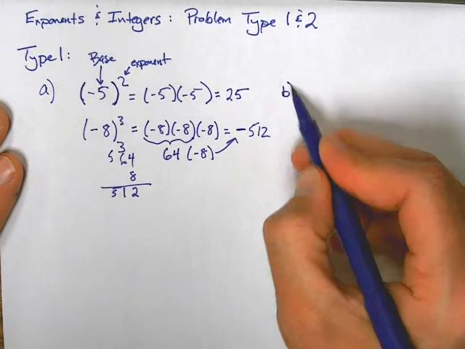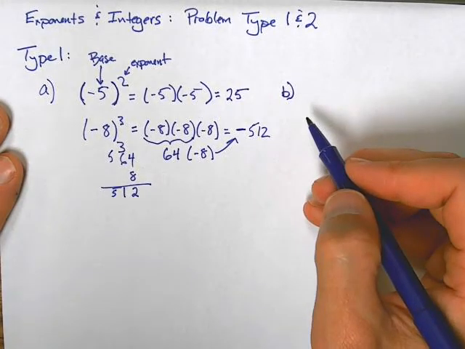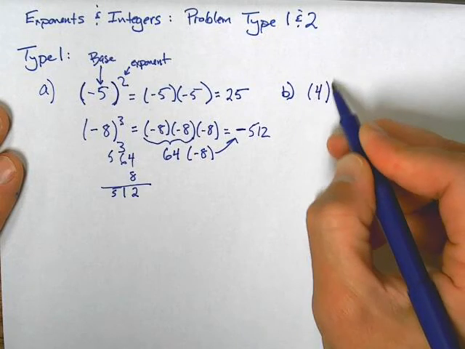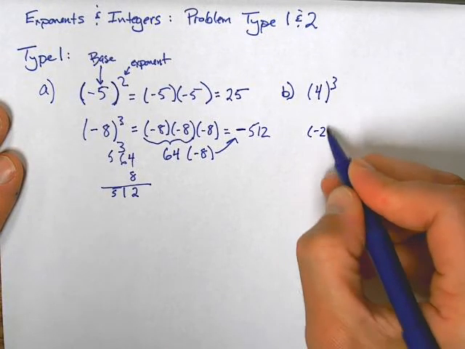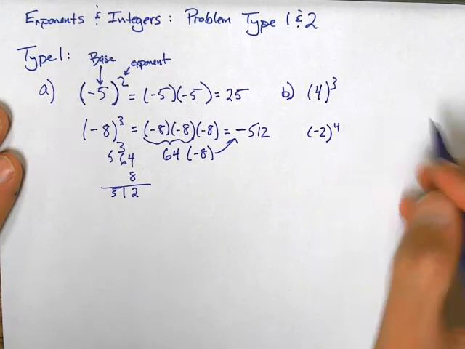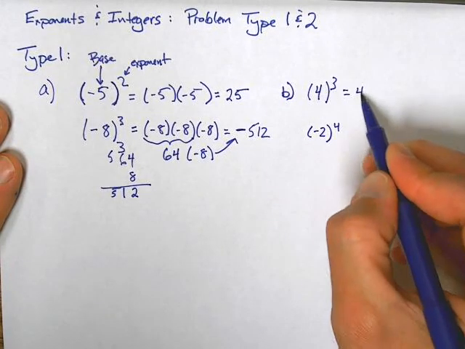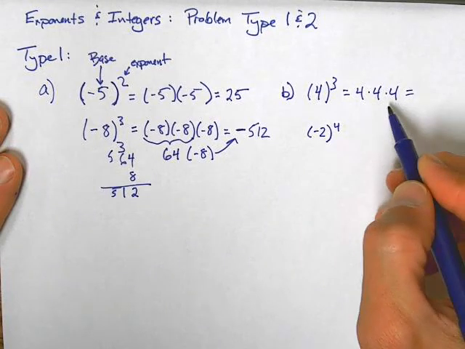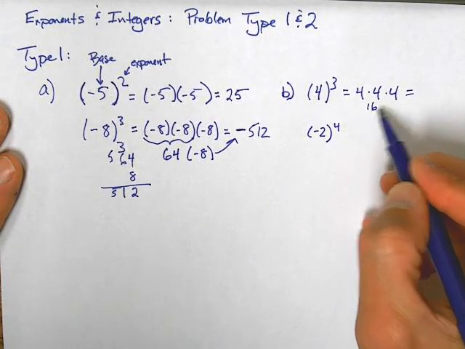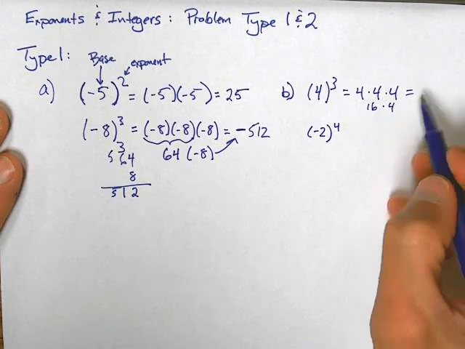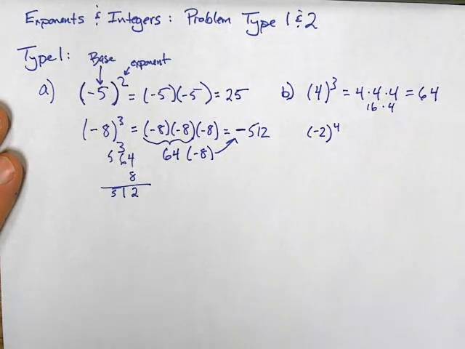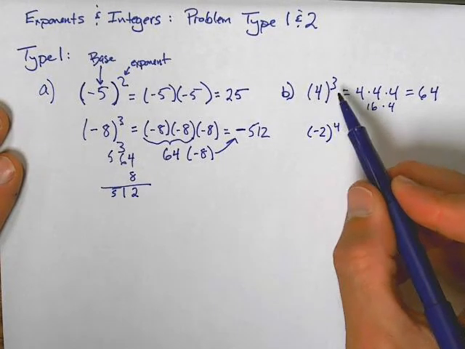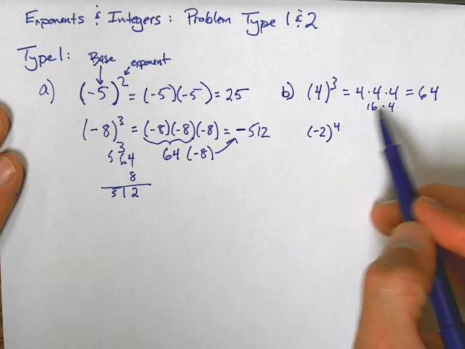Let's look at one more example of the type 1 variety. I'm going to call example B 4 to the third, and then I have (-2) to the fourth. So 4 to the third means just 4 times 4 times 4, 3 times. It's not going to be negative, it'll be positive. 4 times 4 is 16, and 16 times another 4 is 64. As you get better, you're going to recognize perfect cubes as well. So like 4 cubed, you hopefully won't need to multiply all that out.